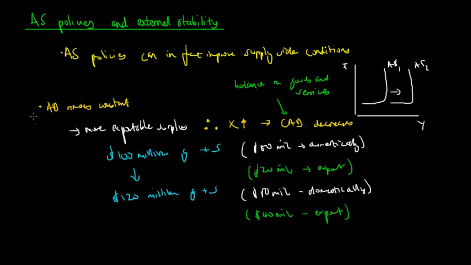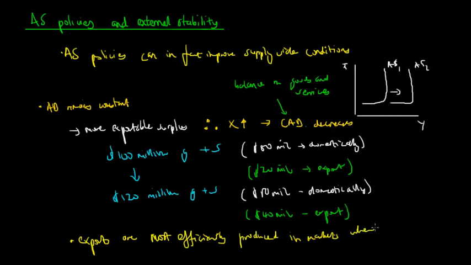And so how does that relate to external stability? It means that we are producing exports that are most efficient. So exports are most efficiently produced in markets where we have this idea of comparative advantage.